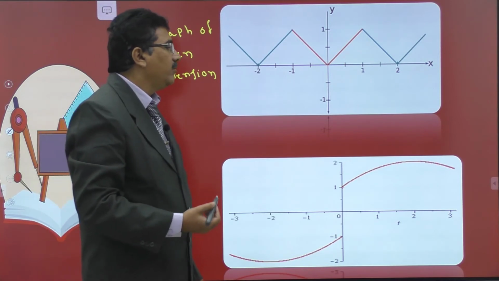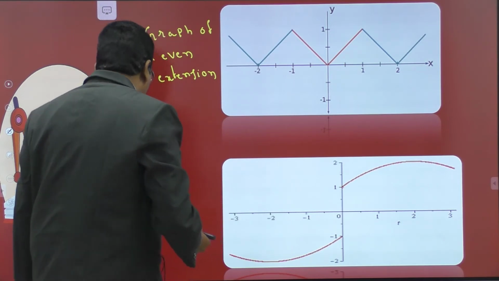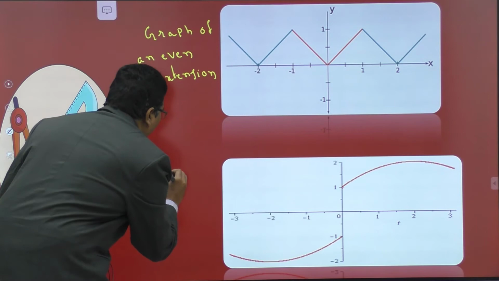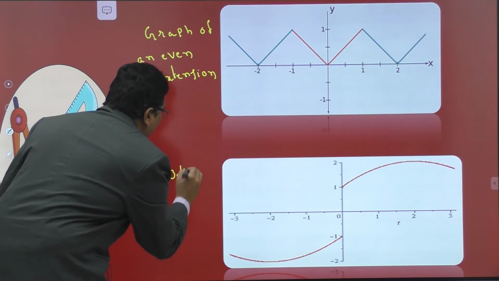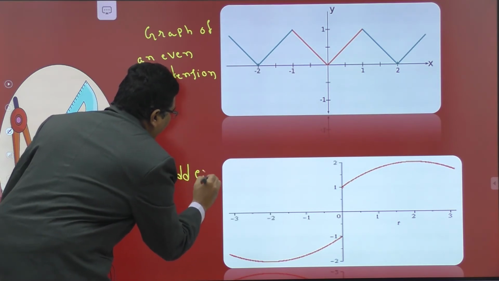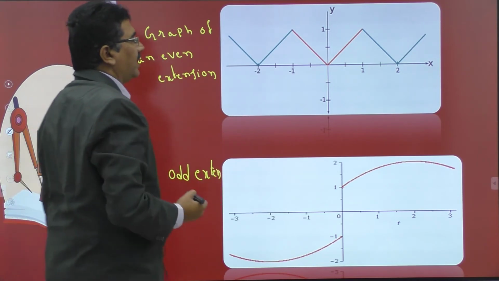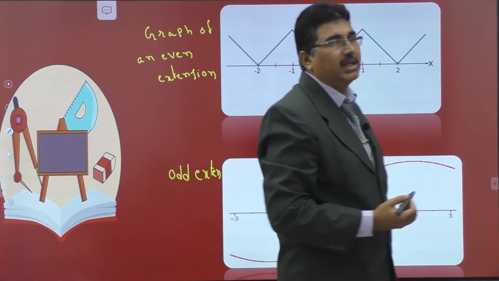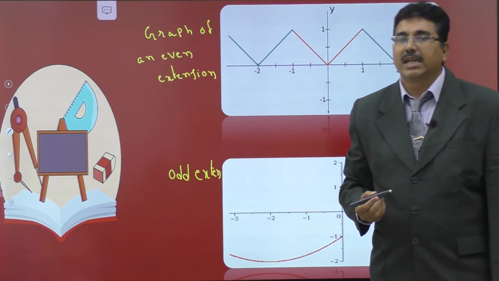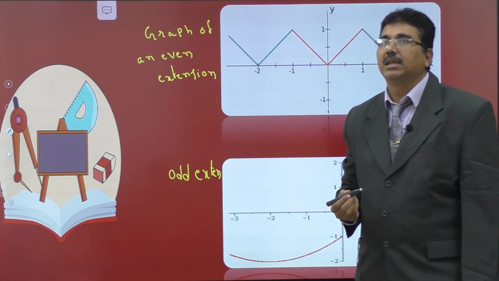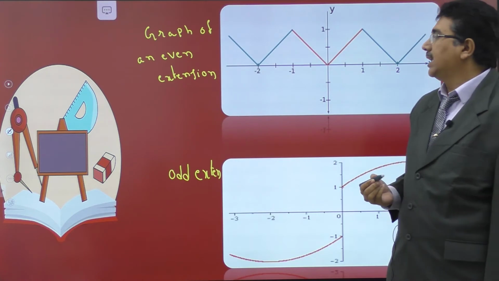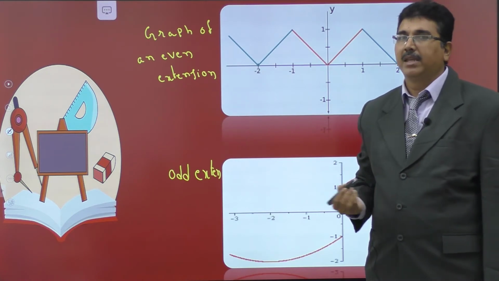This is the graph of an odd extension. These are the graphs of an even extension of a function and an odd extension of a function.